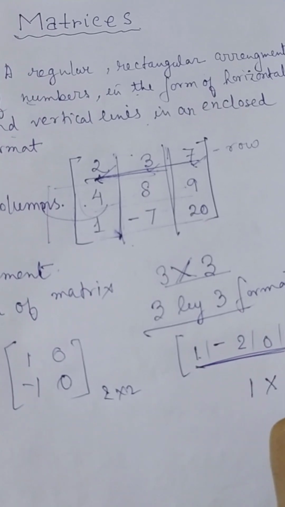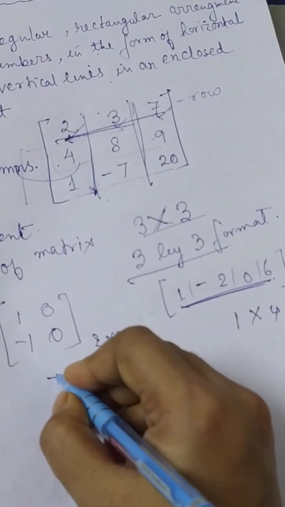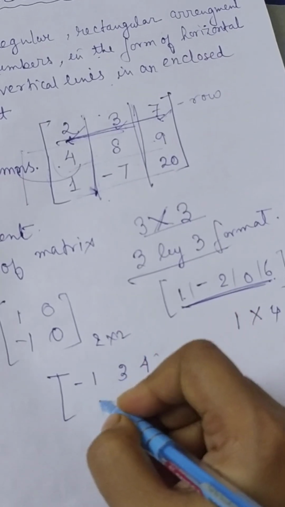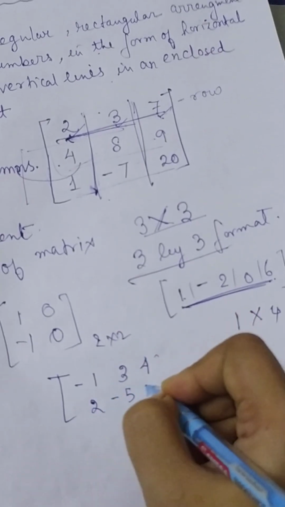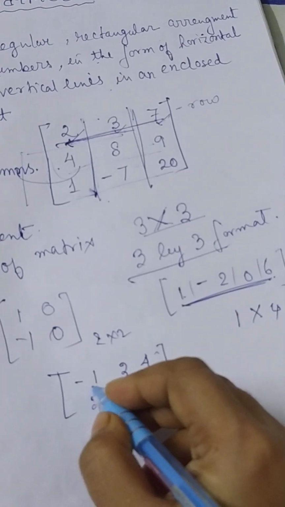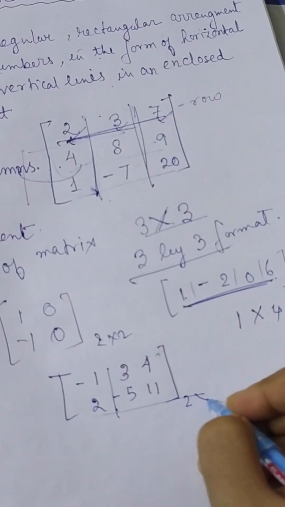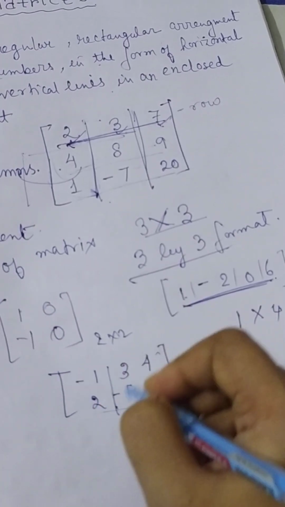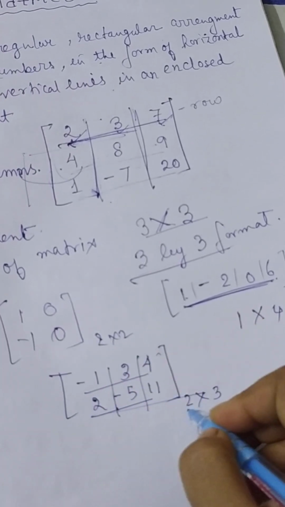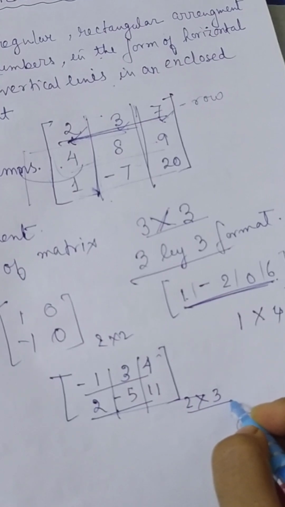So 1 by 4. If I write this minus 1, 3, 4, 2, minus 5, 11 matrix, I will call it 2 by 3 format. Number of rows is 2 and columns is 3. So 2 by 3 format. Okay.